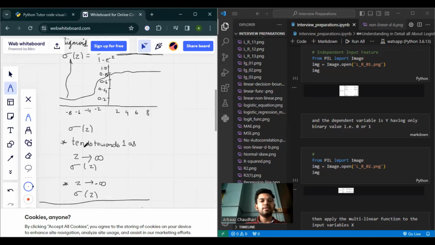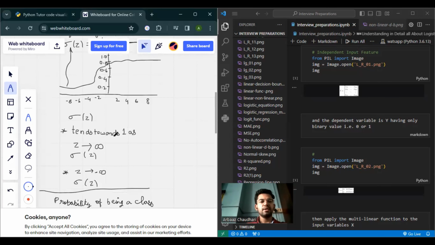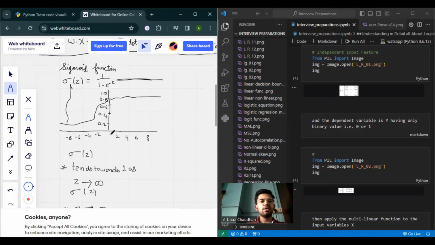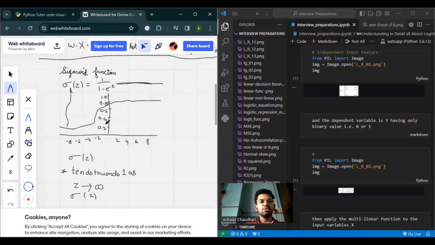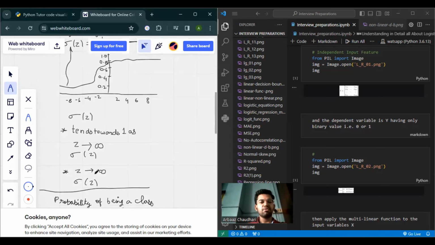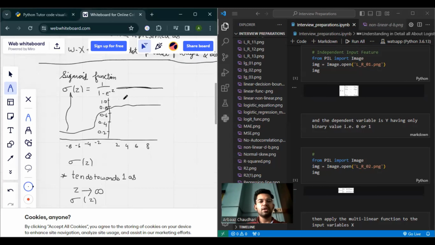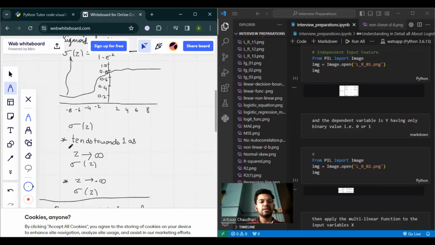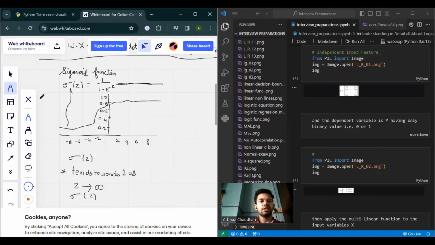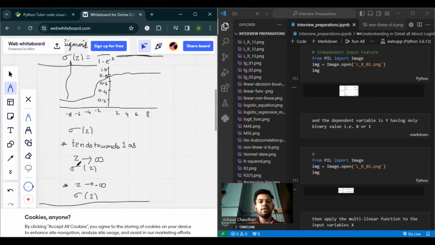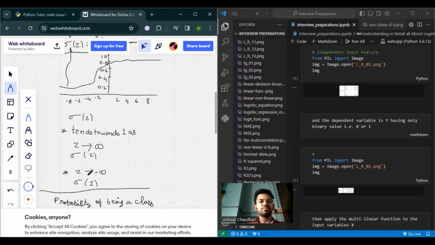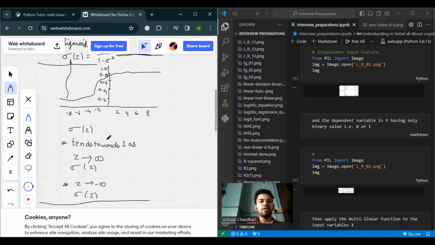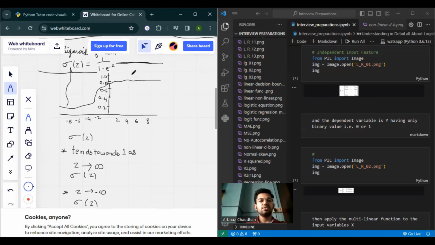So sigma of z tends towards 1 when it is over here in this area. Okay. So it is 1, our probability is 1. And when it is minus infinity, the data point could be here, and from here to here, sigma of z will be 0. When sigma of z is 1, the data point could be over here.